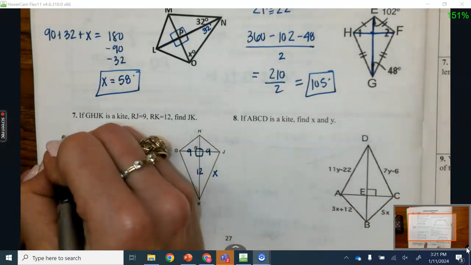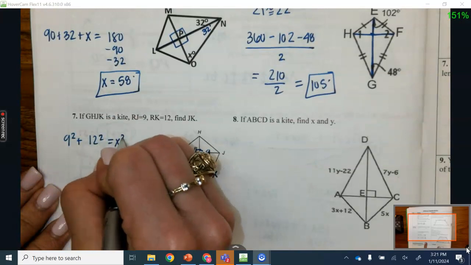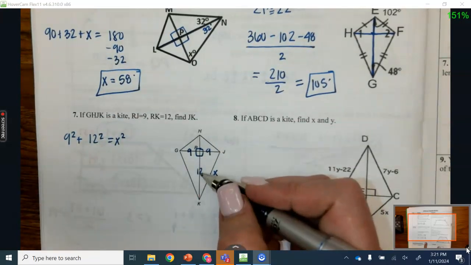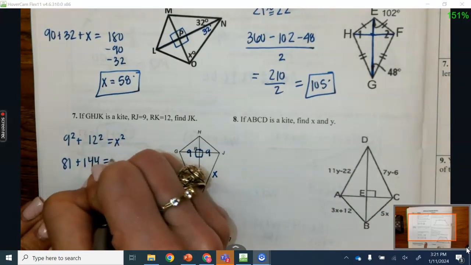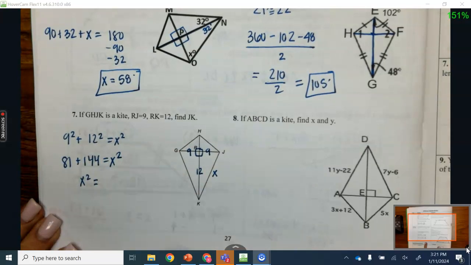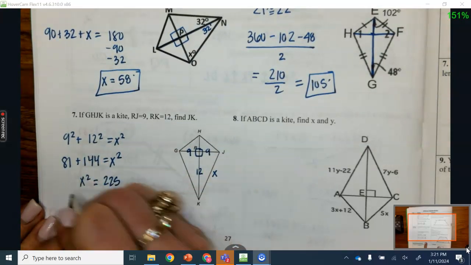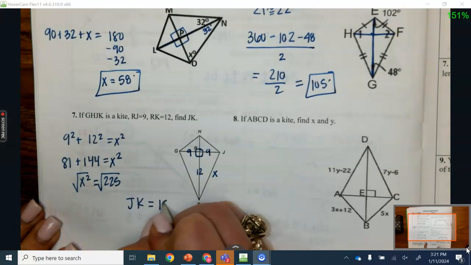I can use the Pythagorean theorem. 9 squared plus 12 squared is equal to x squared, which would be the side that I'm missing. 81 plus 144 is equal to x squared. When I combine 81 plus 144, I get 225, and then I take the square root. That means that JK is equal to 15.